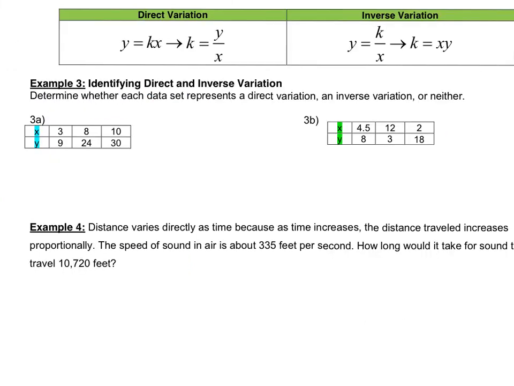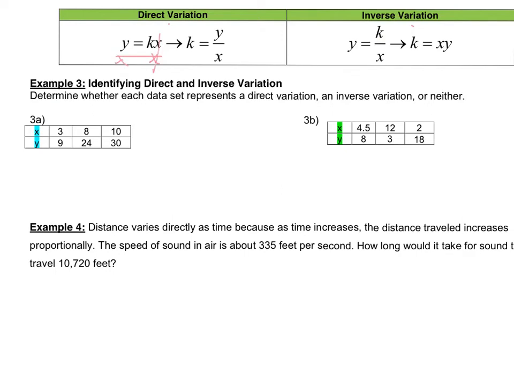If you're given a table and you want to figure out if you have direct variation or inverse variation, there's 2 tests you need to do. The first one to figure out if you have direct variation is I just took the direct variation equation and solved it for k. In order to do that, you would divide both sides by x.